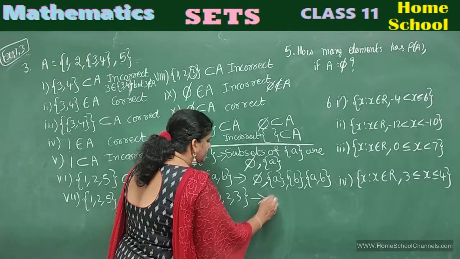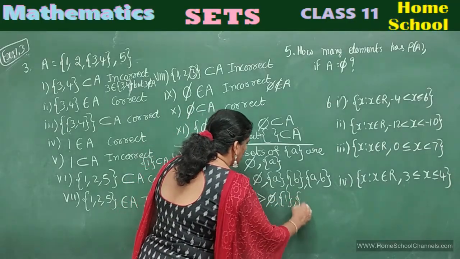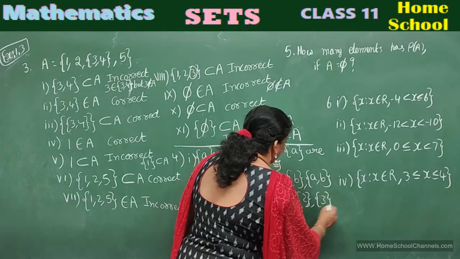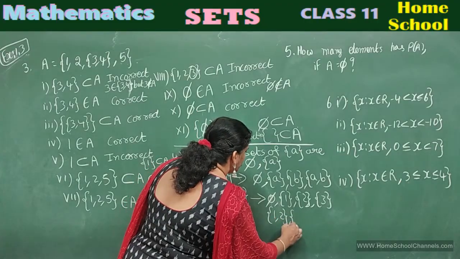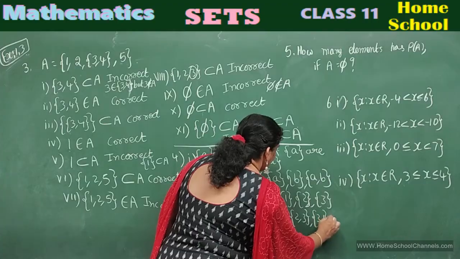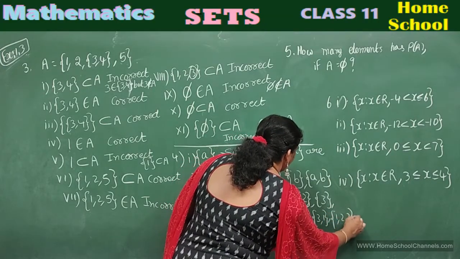Write all the subsets. Empty set, {1}, {2}, {3}. Next, with 2 numbers, {1, 2}, {2, 3}, {3, 1}. And the same set you need to write now, {1, 2, 3}.